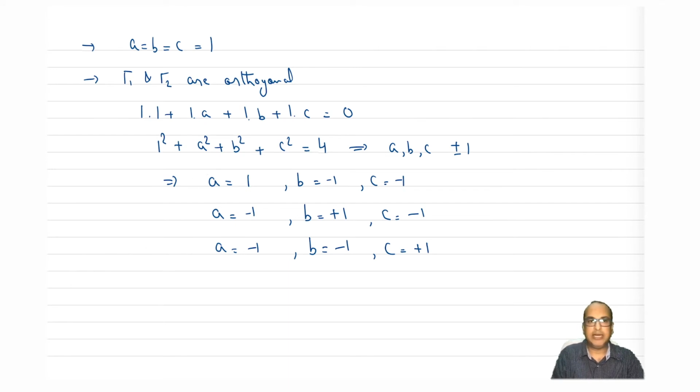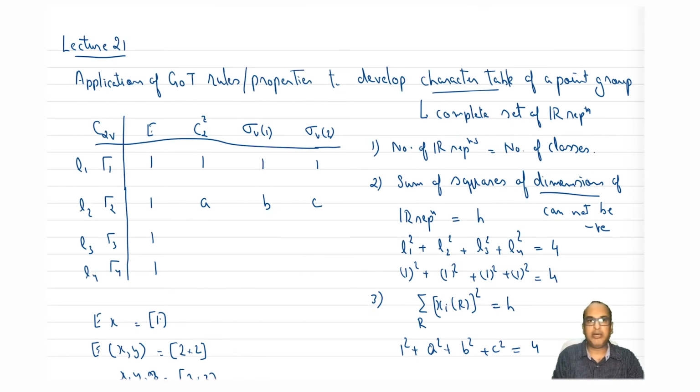So this implies that I can populate this table as 1, minus 1, minus 1, minus 1, minus 1, 1, minus 1, 1, minus 1. Now you must appreciate that when we did unit vector transformations, we got this particular character table while doing symmetry operations and looking at their effect on x, y, z and Rx, Ry, Rz.